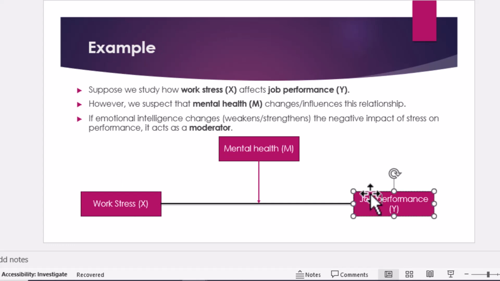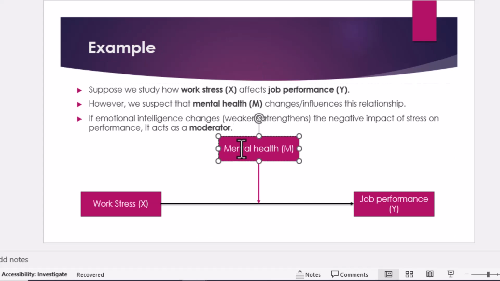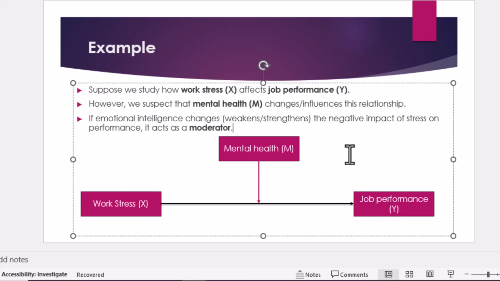Definitely we know that if someone has work stress, then the job performance will go down. But then there is also another variable called mental health. How does it influence the relationship between work stress and job performance? So to carry out an analysis to see whether mental health influences the relationship between work stress and job performance, we shall be conducting what we are calling the moderation analysis. So this one is a very good example.